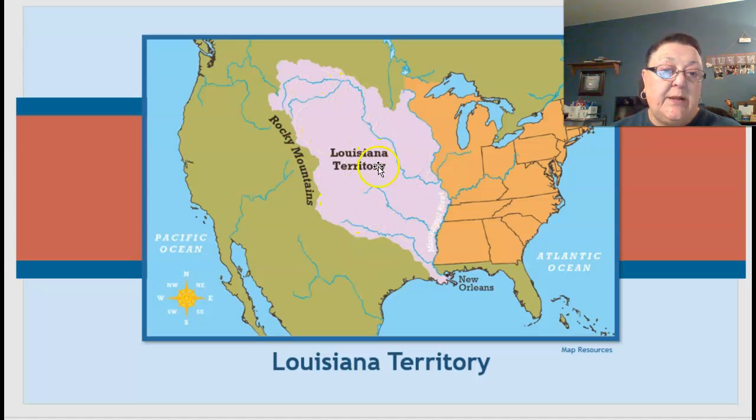There was this place that Spain had called Louisiana Territory, and then France took it over from Spain, and so we really didn't know what was here. So that's when the Lewis and Clark expedition took place, and they went out, explored that land, came back and said, "Hey, President, I think this is what we want."